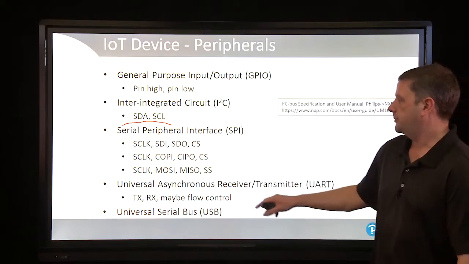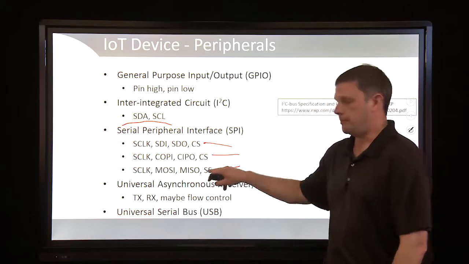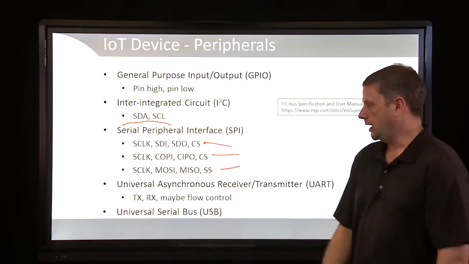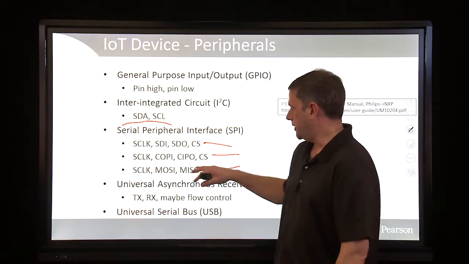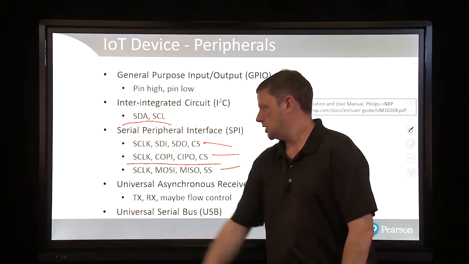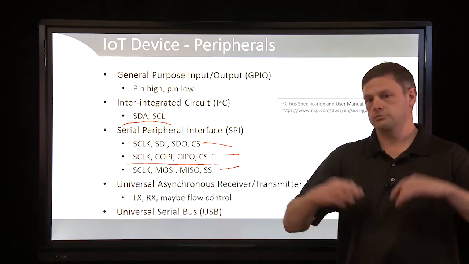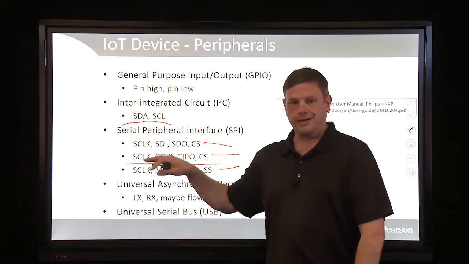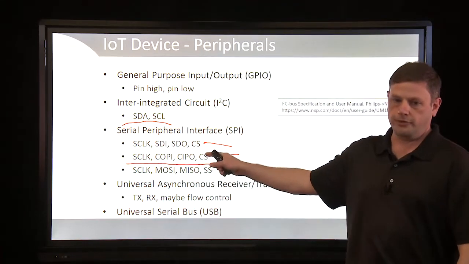For SPI, all three of these are the same. It's just different acronyms to describe the same functionality. And the reason we have a change, particularly right here, is a change in terminology entering the world today. So serial clock, serial data in, serial data out, and chip select.